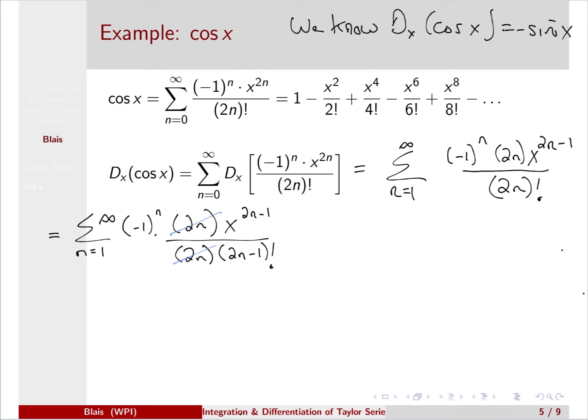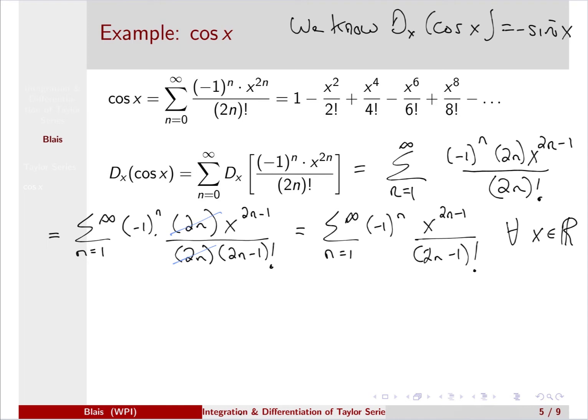And so our result is the sum n going from 1 to infinity of minus 1 to the n, x to the 2n minus 1 over 2n minus 1 factorial. And of course, we know the interval of convergence for the Maclaurin series for cosine of x is the whole real line. So this works for all x in the real numbers.